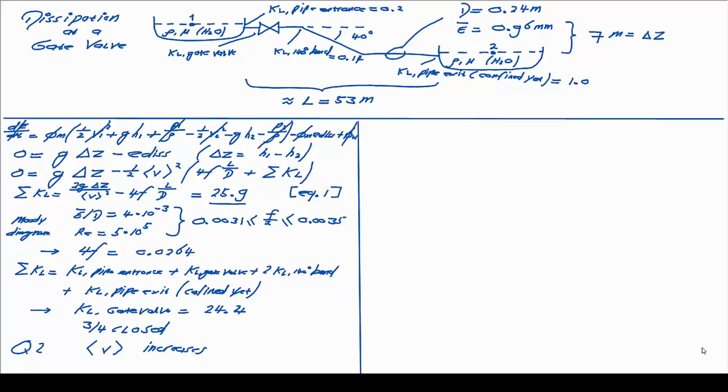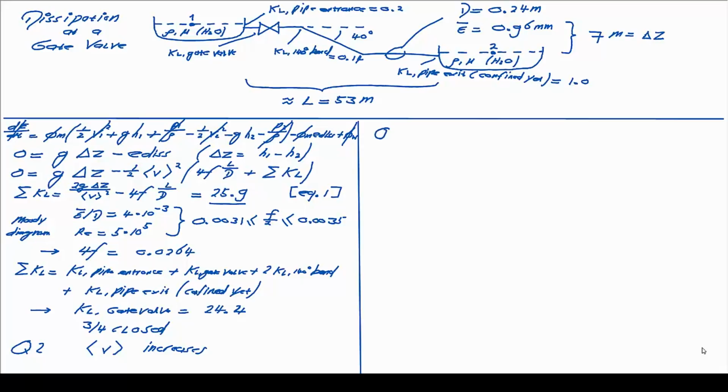Then it follows that E-dis term does not change either. Now this can only be if the average v squared is larger, since the sum of the losses has become smaller. Hence, the average velocity is larger. So, the average velocity increases because there is less dissipation in the pipeline system.